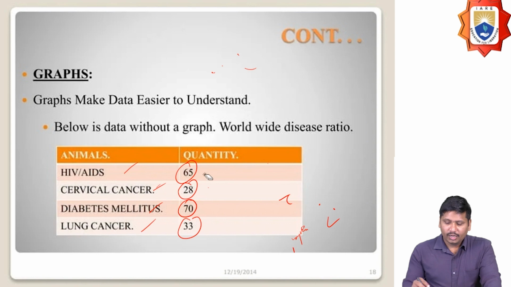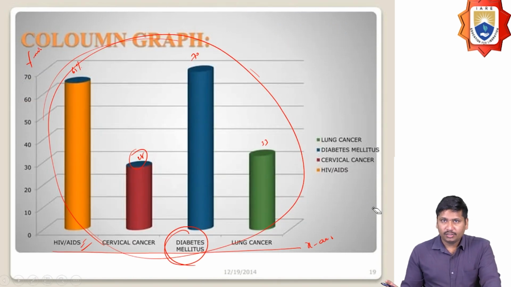So this is the data I gathered. From this table I'm going to construct the graph so that even uneducated people can understand what the data is and what the graph is showing. Again, the bar graph can be of different types, like a column graph or vertical bar graph.